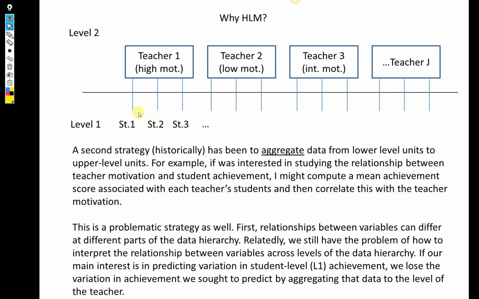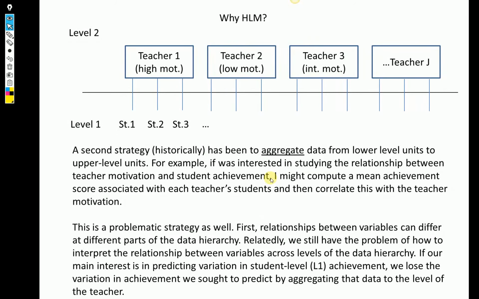So I might compute class means on those variables as well and include those along with teacher motivation as a predictor of the classroom mean or teacher mean for student achievement. And what I'm basically saying is that the relationships that occur among those variables at level 1 involving, say, prior knowledge or motivation to learn would not necessarily hold up or behave in the same way if we aggregate that data to level 2. So that can be a problem.